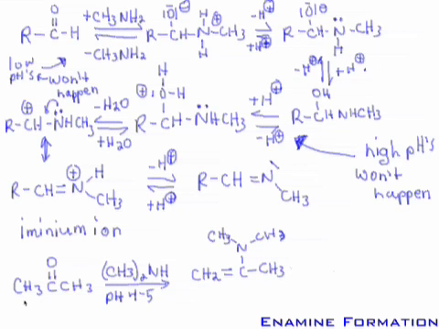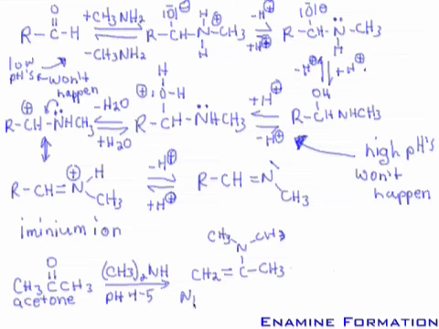So if we take acetone and we react acetone with dimethylamine at pH 4 to 5, we will get, what have we got? We've got a propene, so we have two methyls on nitrogen.